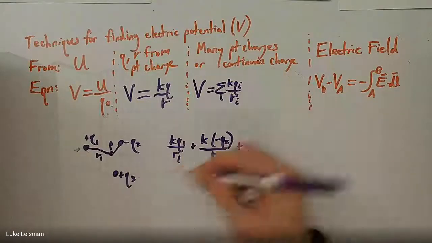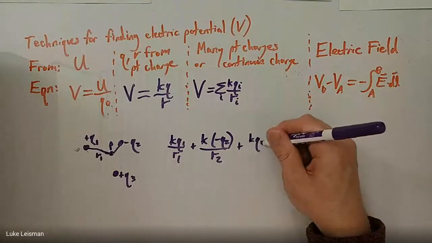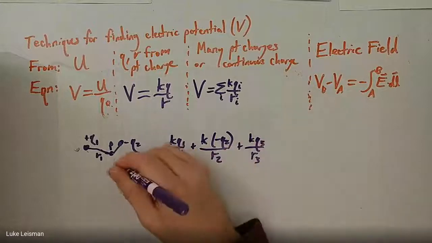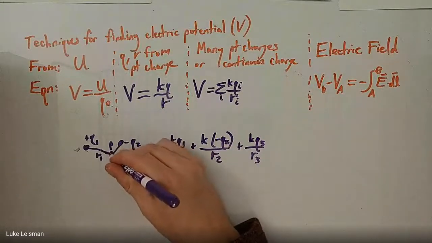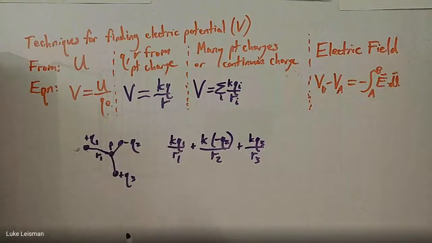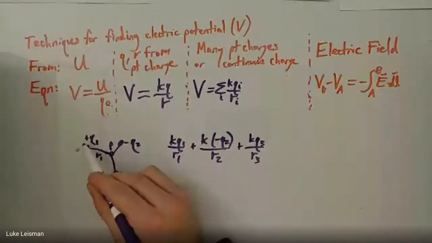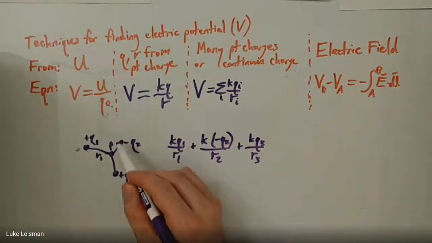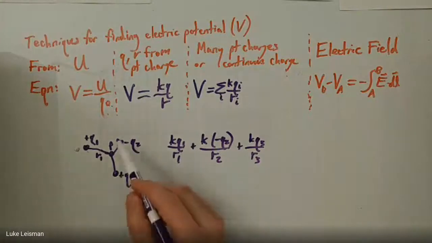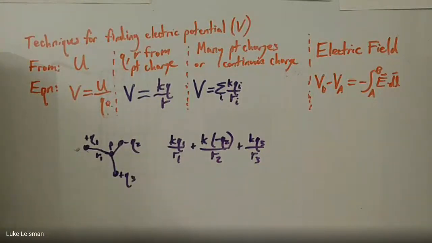And then k times q3 over r3. Those three things together give me the potential at that spot. So this creates a little hill, this creates a little hill, this creates a little valley. They all get added together. That tells you how high you are at point P.